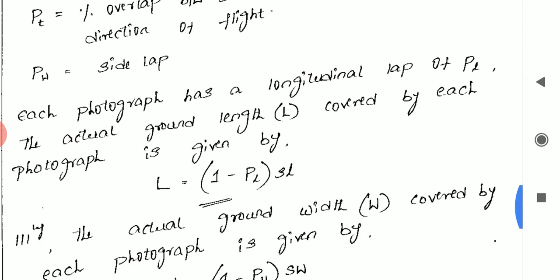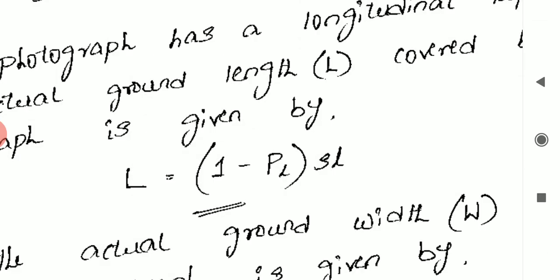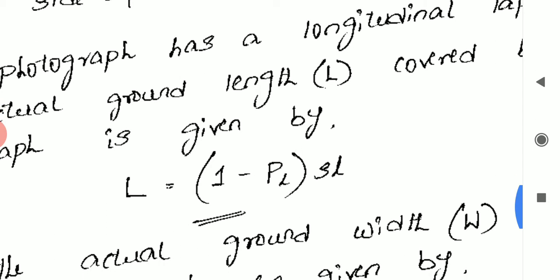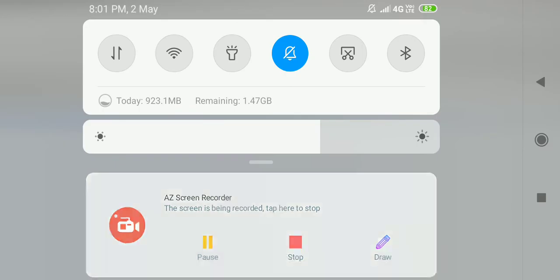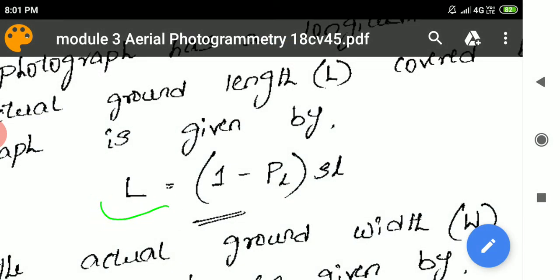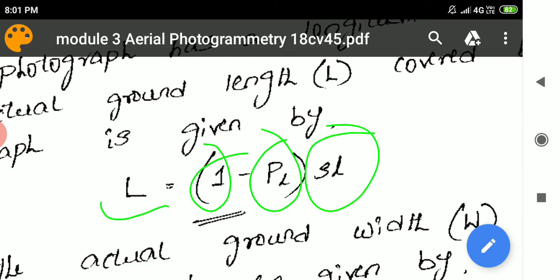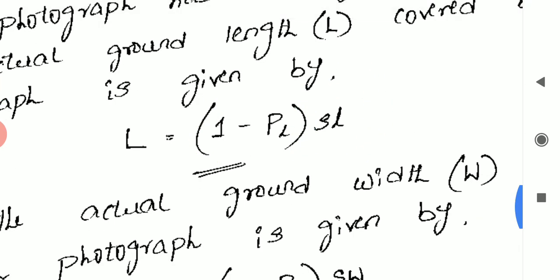Each photograph has a longitudinal lap PL. The actual ground length l covered by each photograph is given by l = (1 - PL) × SL. There is no picture, only the formula.